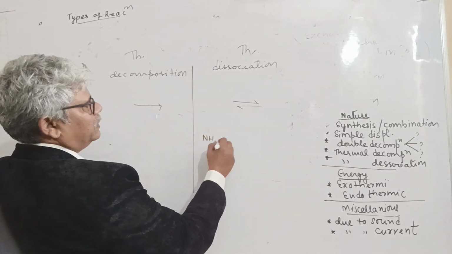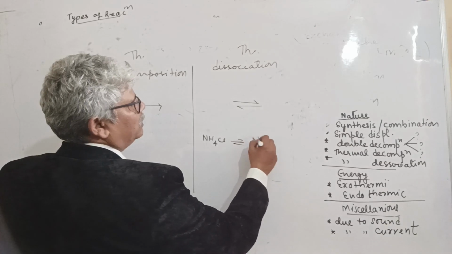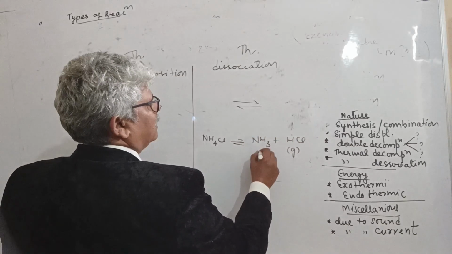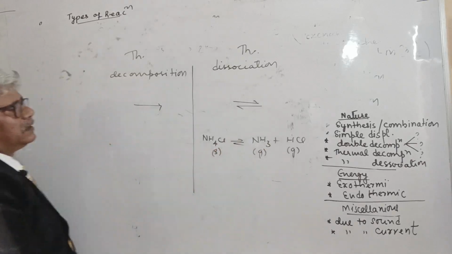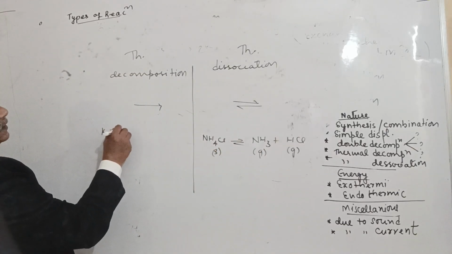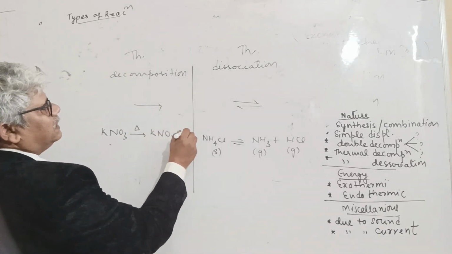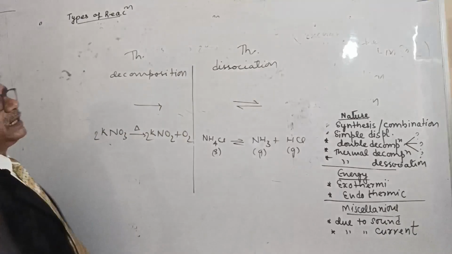Example, ammonium chloride when heated or cooled gives ammonia and hydrogen chloride. These are gases, this is solid. And in this case, you have already done potassium nitrate irreversibly giving potassium nitrite and oxygen. Balance the equation.